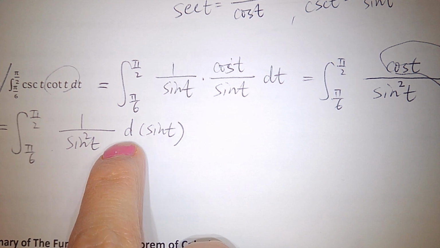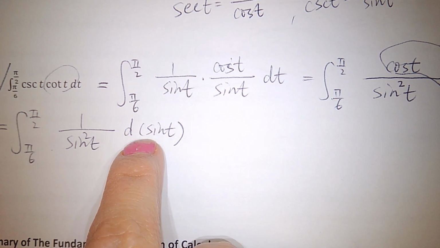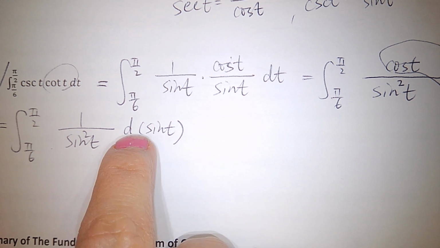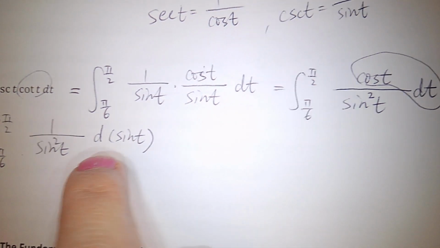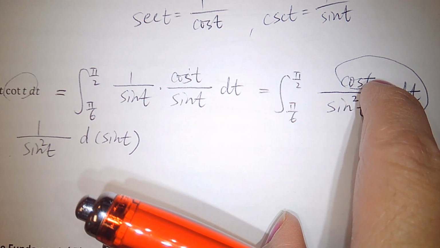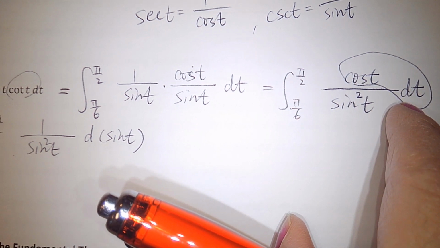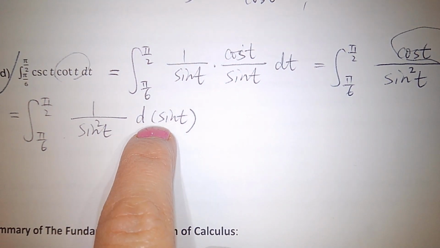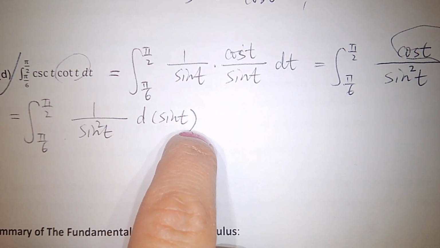Why? Differentiate sine of t with respect to t by the chain rule; what is the derivative of sine? Cosine. And then times what? dt, right? So cosine t dt together can be written as d of what? Sine of t. Guys, do you see that?